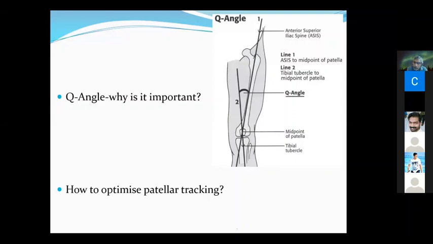So what are the things that can be done to keep the patella in place? Patellar tracking is very important. A lot of patients can have anterior knee pain if your patellar tracking is not proper. So what are the ways in which you can ensure that your patella stays in line with the center of the femur?